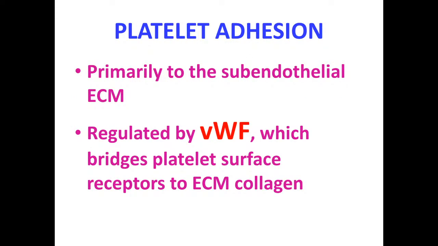Platelet adhesion is an essential function in response to vascular injury and is generally viewed as the first step, with single platelets binding through specific membrane receptors to cellular and extracellular matrix constituents of the vessel wall and tissue, regulated by von Willebrand factor, which brings the platelet surface receptor to extracellular matrix collagen. This response initiates thrombus formation that arrests hemorrhage and permits wound healing.